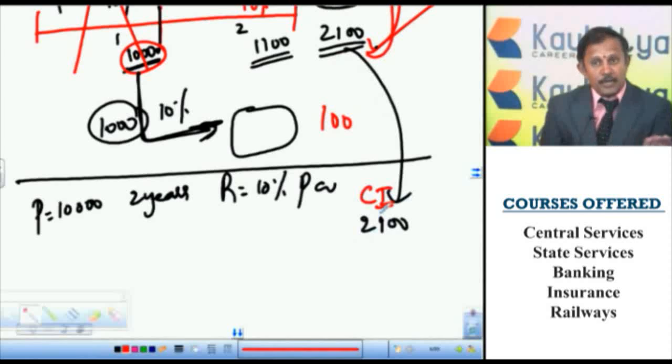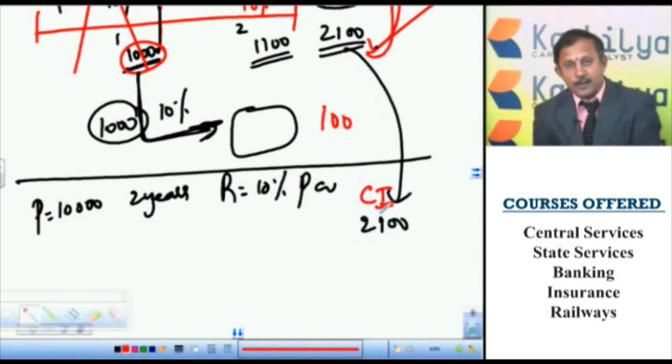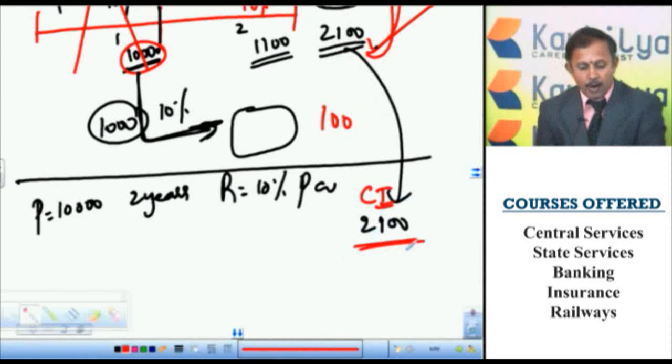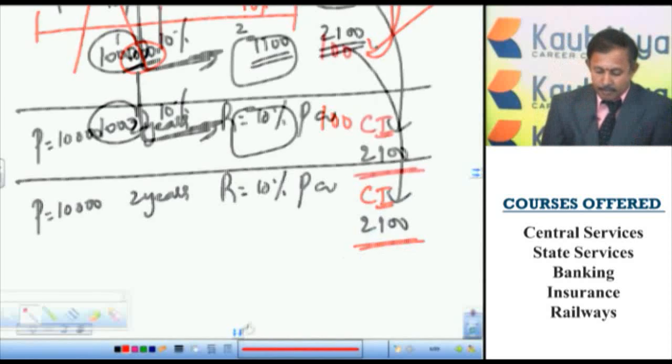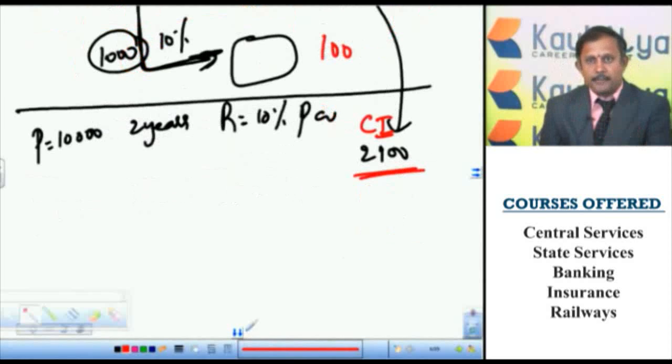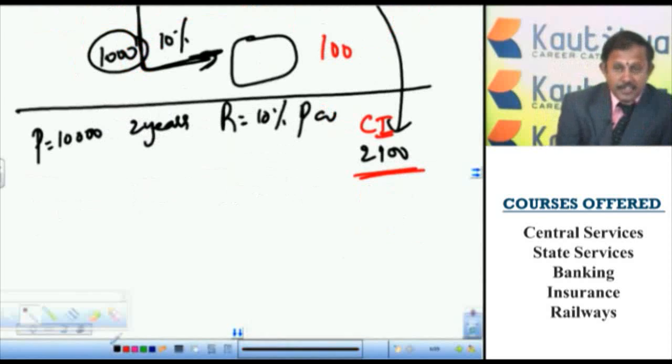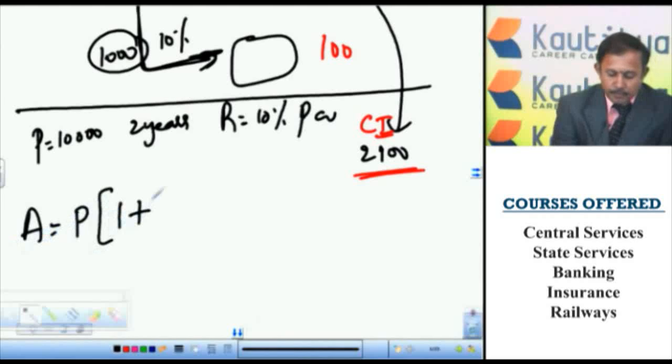Without applying any formula, we got 2100 rupees as compound interest on 10,000. But in general, there is another method, another formula. Amount can be obtained by using the formula P into 1 plus R by 100 power n.